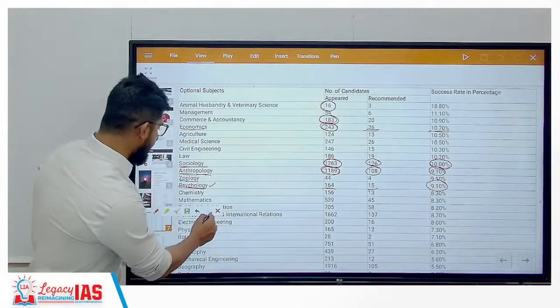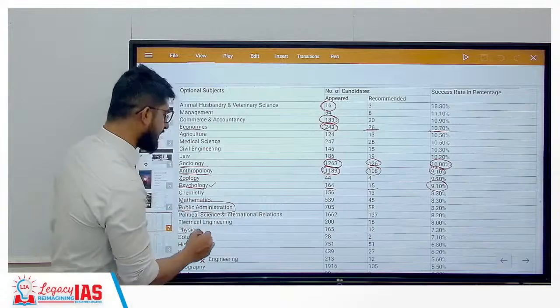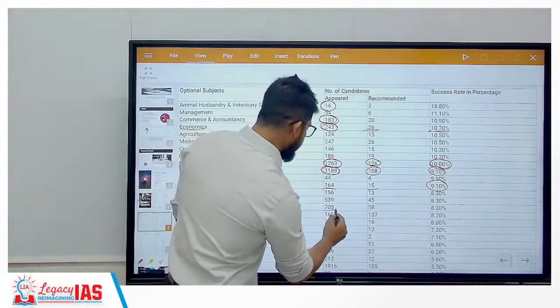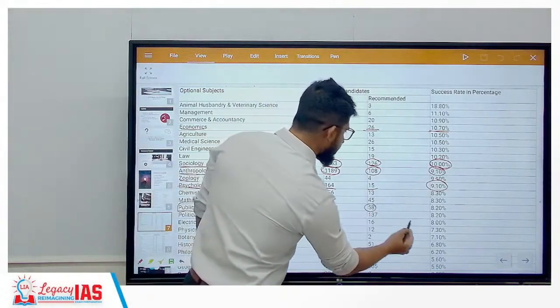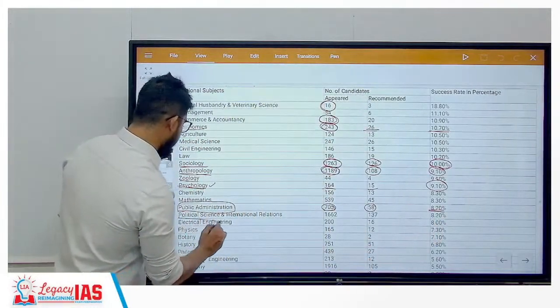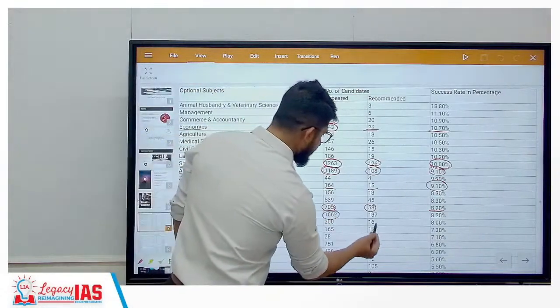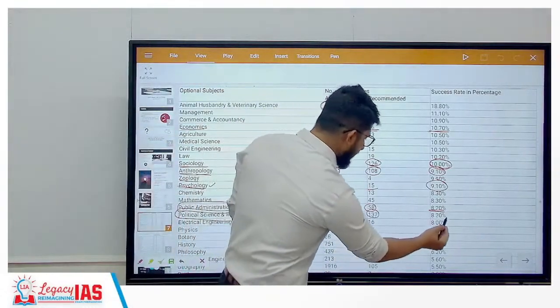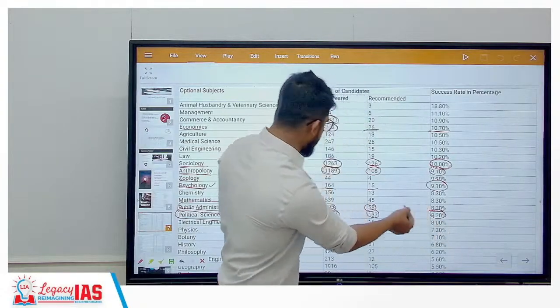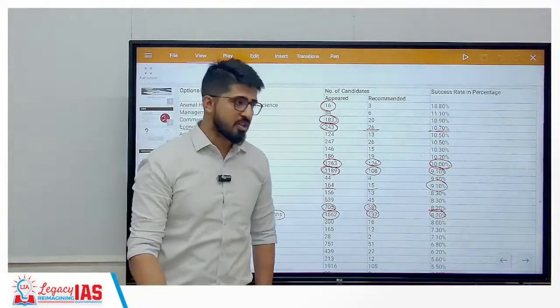And then you have public administration, which has performed well: 705 people, 58, which is 8.2%. And then you have PSIR, political science and international relations: 1,662, 137, and 8.2%, which are almost equal, public administration and political science and international relations.